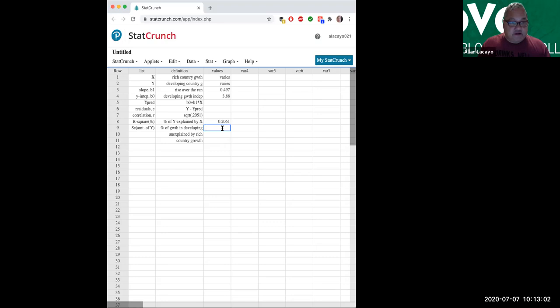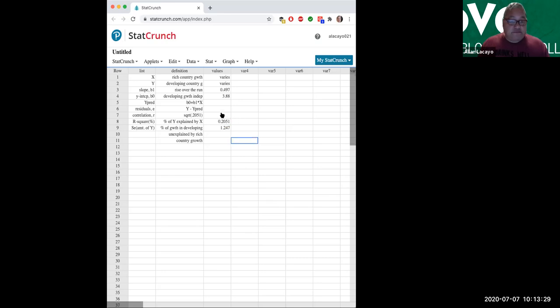And the standard error is 1.247%. In other words, when we're trying to predict how Russia, China, Brazil, countries like that are growing, our average error in making that prediction is 1.247%, which is a fairly large error given that it's only explaining 20.5% of what happens in developing economies.